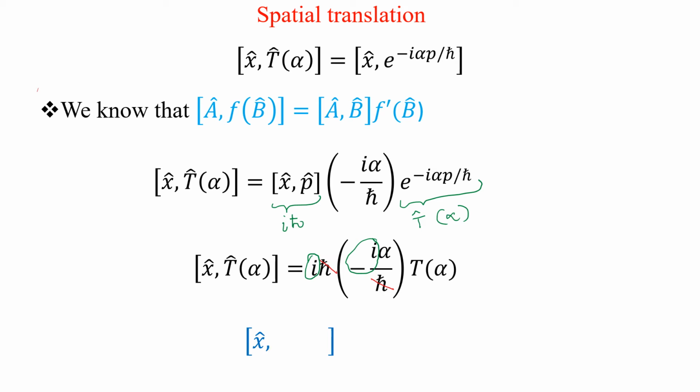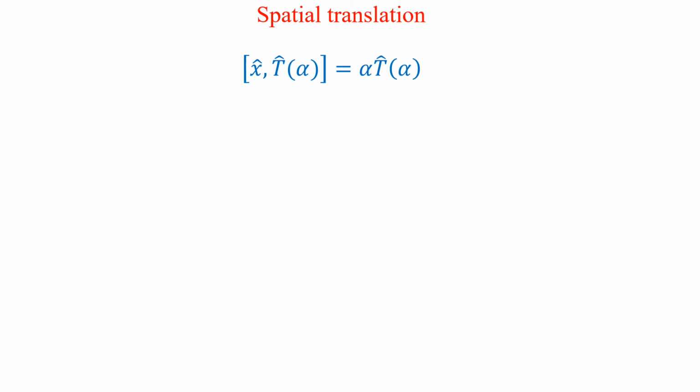That is, the commutation of x with T(α) is equal to α times T(α), because the only term left is α. So we have seen that the commutation of x with T is equal to α times T.